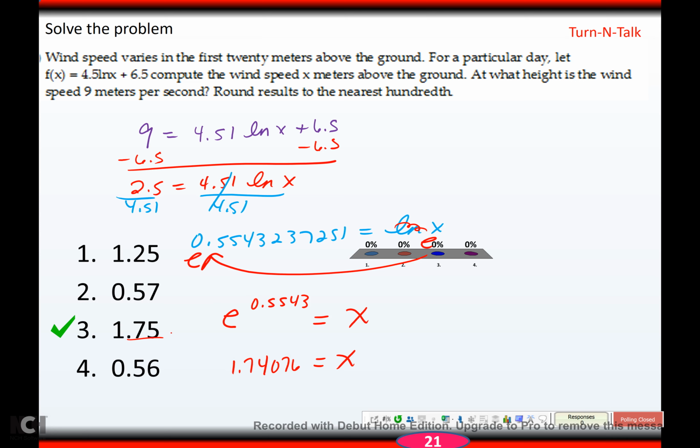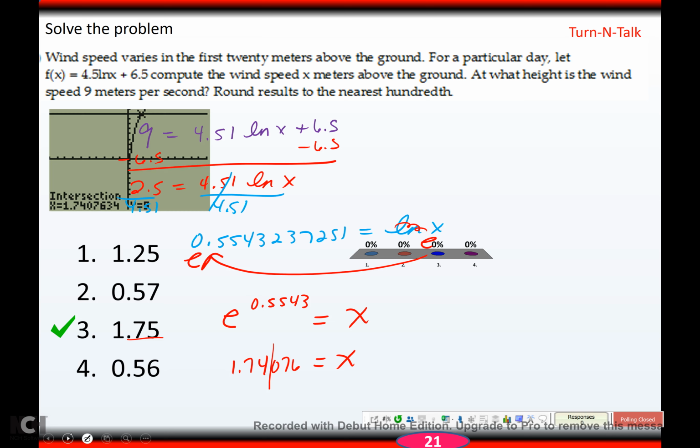And again, their rounding must have been different than mine because they rounded to 1.75 and I would have rounded to 1.74. It's rounding. Alright, or you could have typed this in for y1 and this side in for y2 and calculated the intersection point. And my answer is more accurate than his.